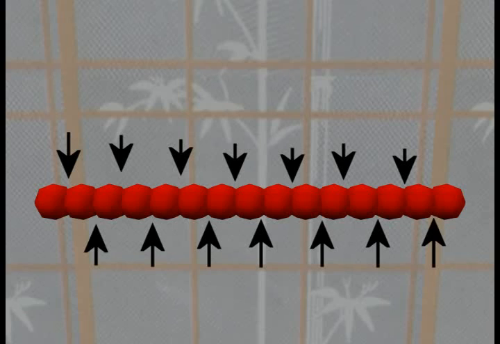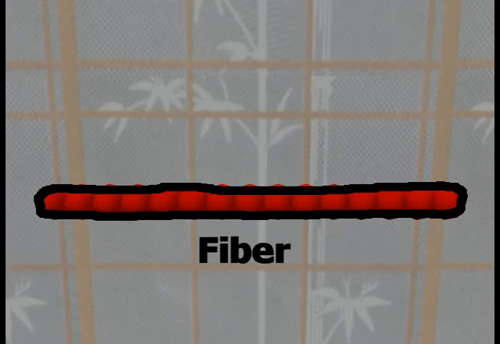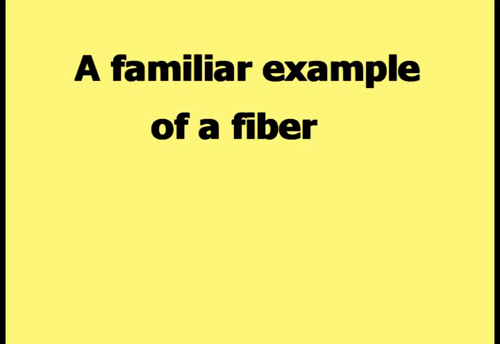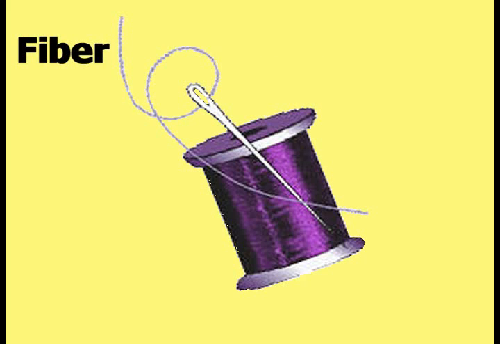In the next picture, each particle has been partially merged into the neighboring particles, so they form one long solid object. The object that is formed by connecting single particles together in this fashion can be called a fiber. A familiar example of a fiber would be the thread used for sewing clothes.